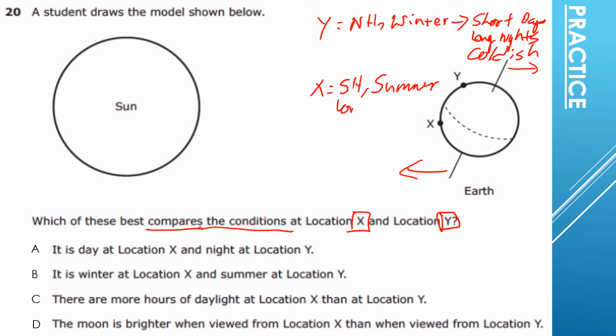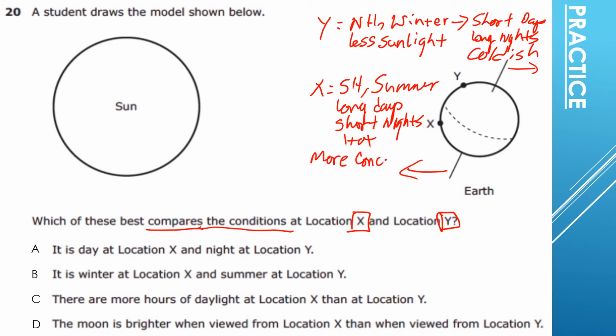So that's long days, short nights, hot. Also, we could probably add in, based on what we just saw, less sunlight because it's diffused. More sunlight. Well, more concentrated. There we go.